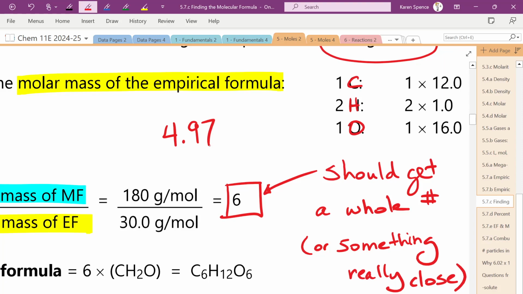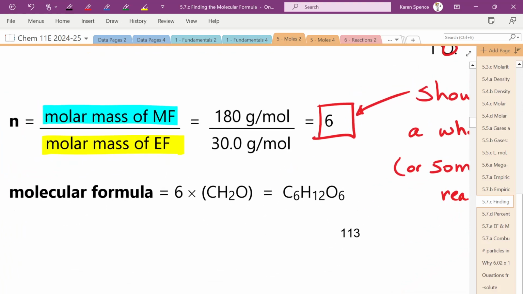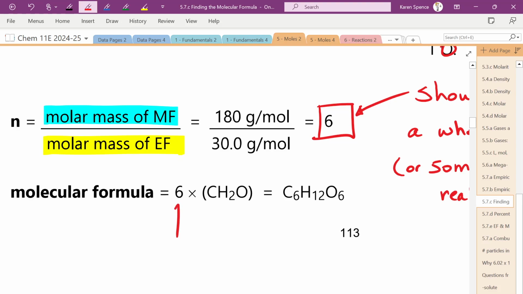When you actually do real things with real data, sometimes your numbers are not so beautiful, but when you get it on a piece of paper, I can make them fairly beautiful. I might not make them perfect, but I'll make them beautiful. Okay, so we got 6, so we need to take our empirical formula then and multiply by 6.